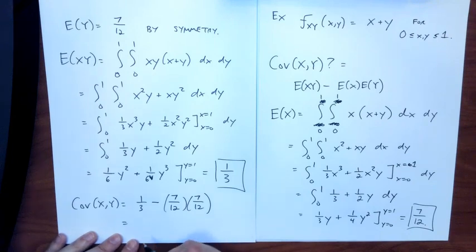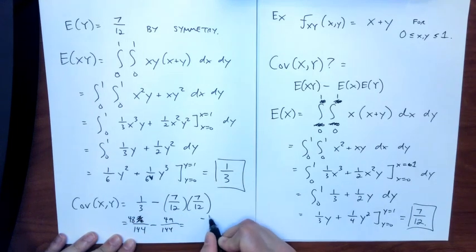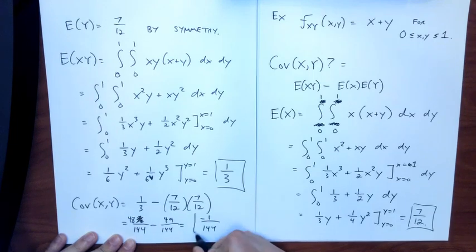Well, what is the numerator going to be? Now I got tired. It's going to be 36 over 144. Is that right? That can't be right. 4 times 12, 48 over 144, right? Minus 49 over 144 is minus 1 over 144. That's the covariance.